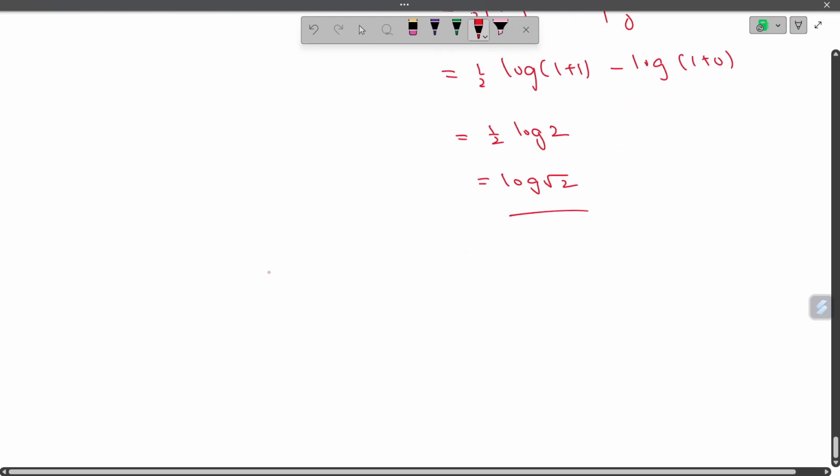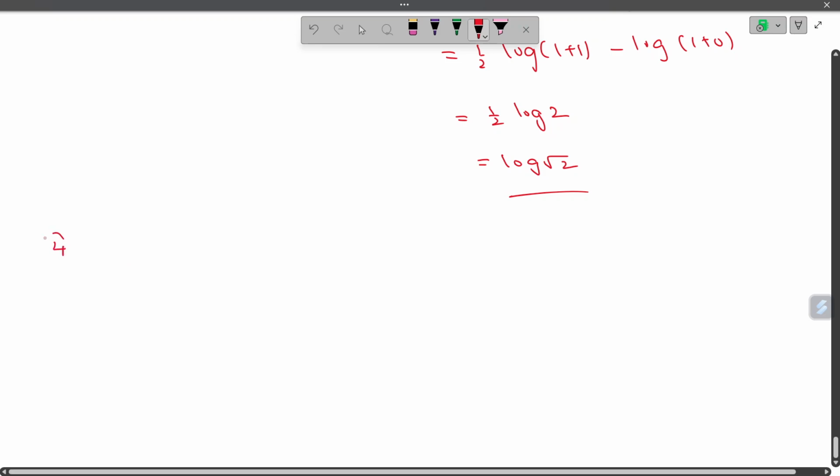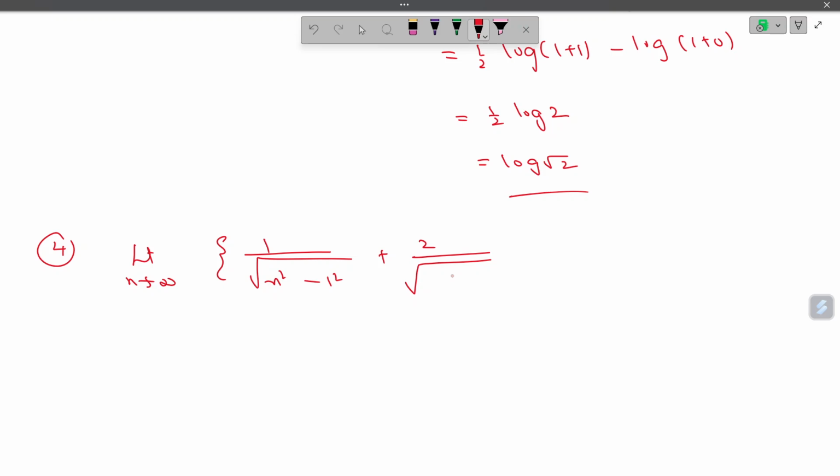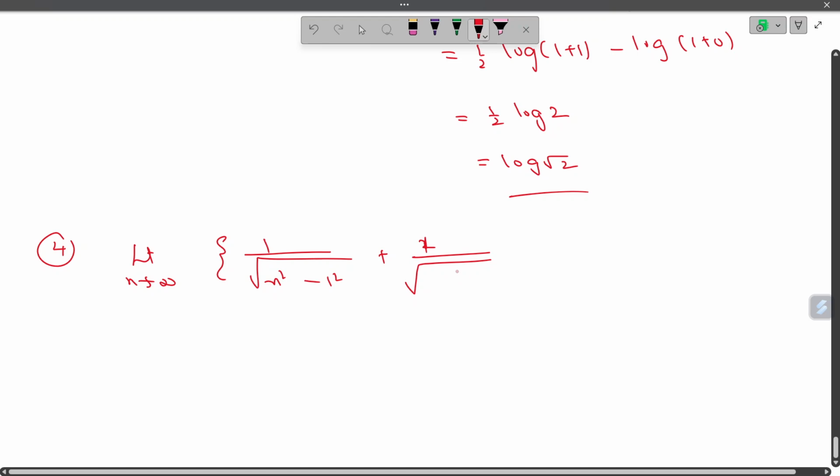One more problem. So fourth, I think, fourth or third. Limit n tends to infinity of summation 1 by n square minus 1 square, 2 by n square minus 2 square, and so on up to 1 by 2n minus 1.